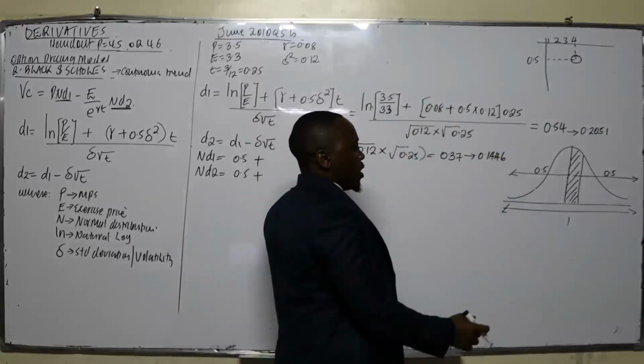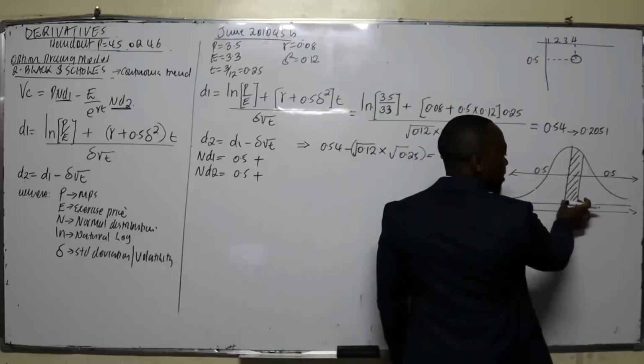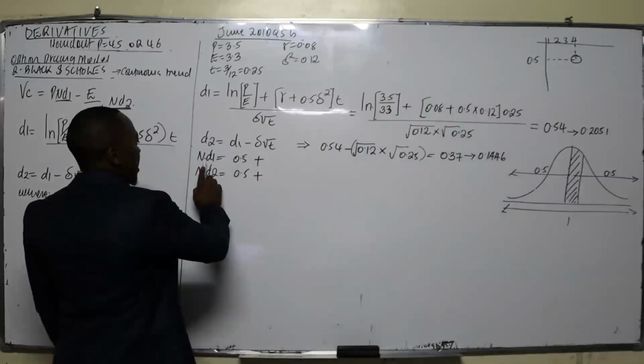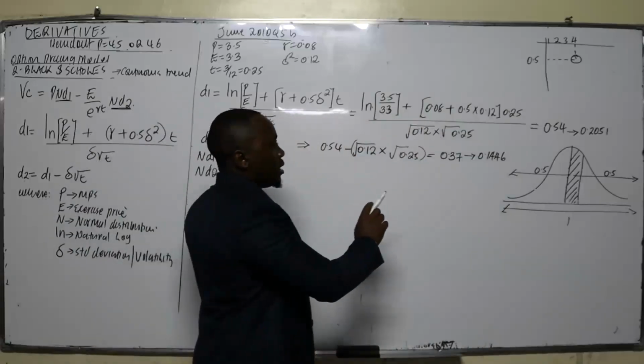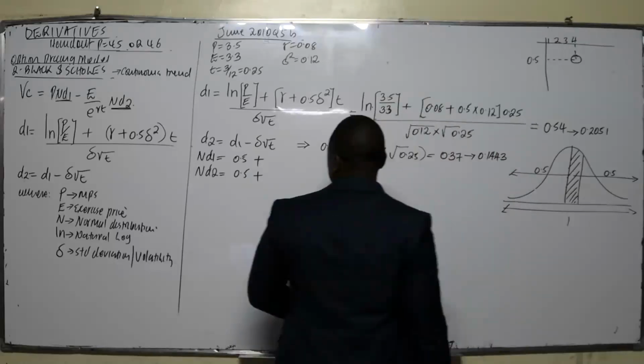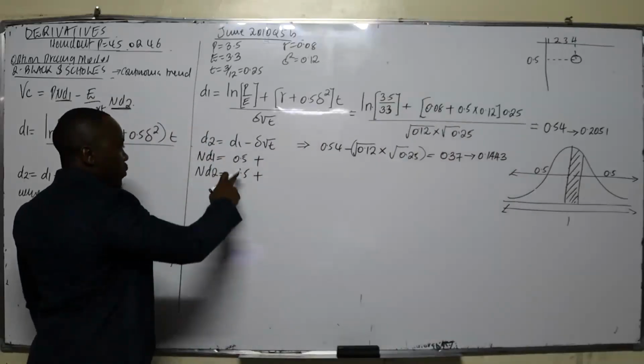Now what you got is the area under the shaded part. If it's positive, you add the other 0.5. So 0.1443, eh?